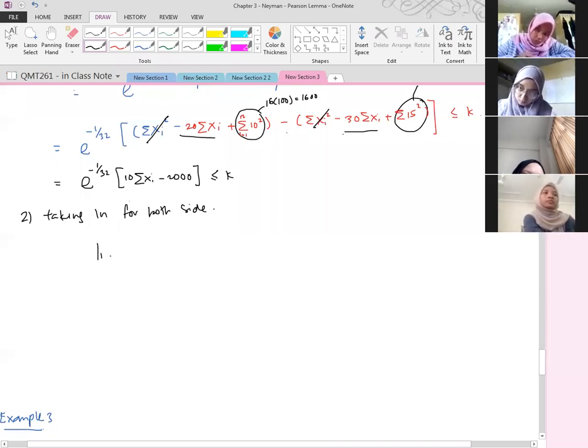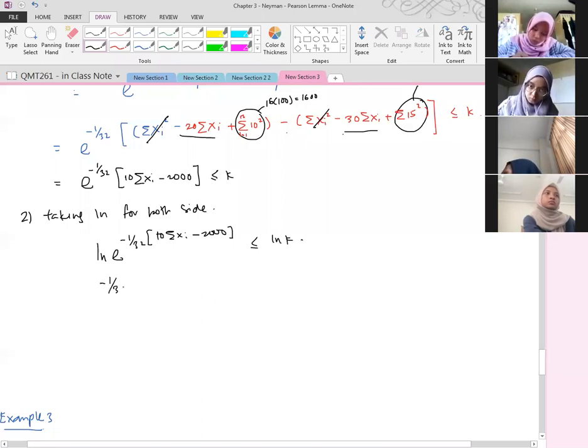So it becomes ln exponential negative 1 over 32 multiplied with 10 summation of xi minus 2000, less than or equal to ln k. So this one should be equal to 1, so negative 1 over 32.